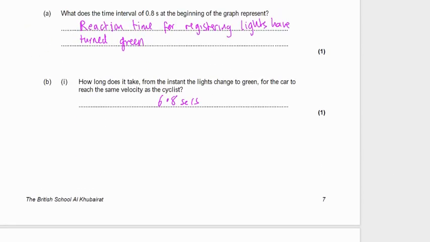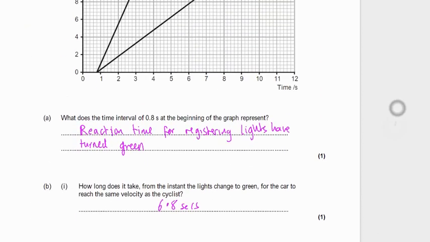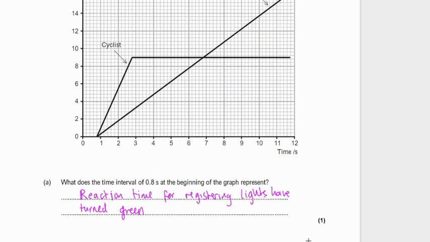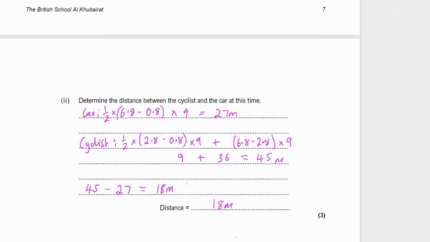So at 6.8 seconds, we go across, we work out the area underneath the car and the area underneath the cyclist. That's a triangle and a rectangle for the cyclist, and for the car it's just this triangle here, which I've worked out separately.